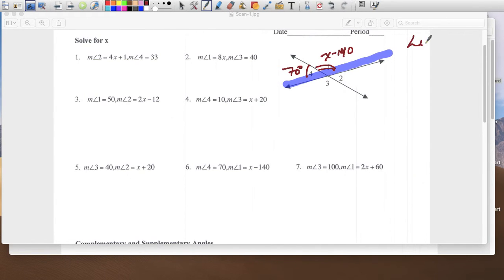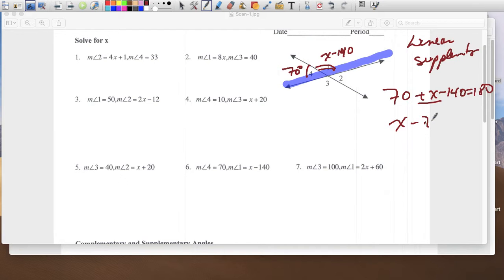Because they're supplementary, so it's linear and supplementary. So I'm going to get 70 plus x minus 140 equals 180. Combine like terms: 70 minus 140 is negative 70, so x minus 70 equals 180, plus 70 on both sides. x equals 250.